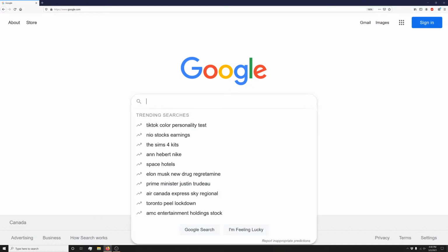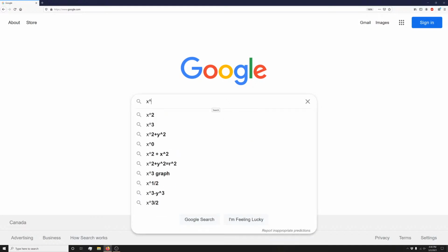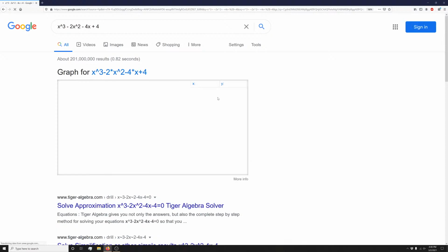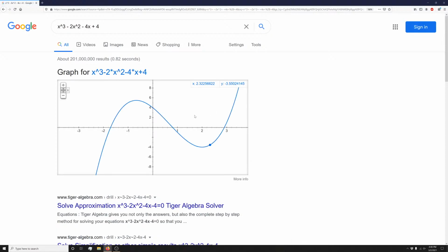This is Google, and we have x cubed minus x squared minus 4x plus 4. And it should give us a nice little graph. Beautiful graph. Beautiful, beautiful. All right.